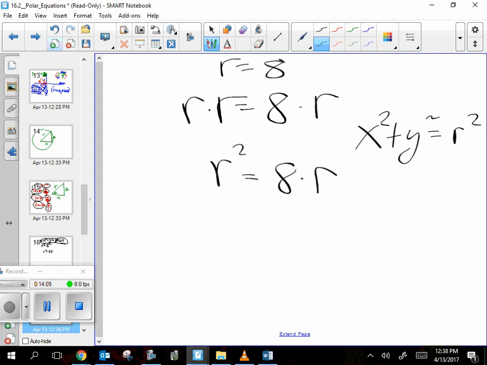And you're saying I should stick in an 8r over here. The only problem is that then I still have an r in my equation. Gotta get that r out of there somehow. Oh, since r equals 8, then that can be an 8, can't it?